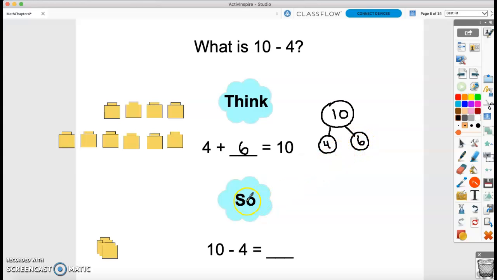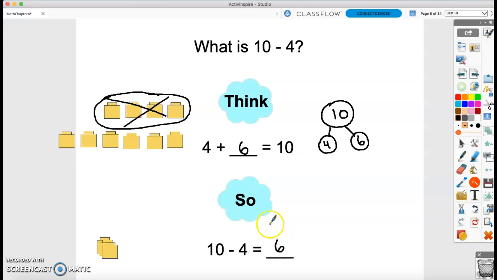So if 4 plus 6 equals 10, 10 minus 4 equals, so think about this, we have 10 over here and we're going to take away that 4. How many are we left with? We're left with that 6.